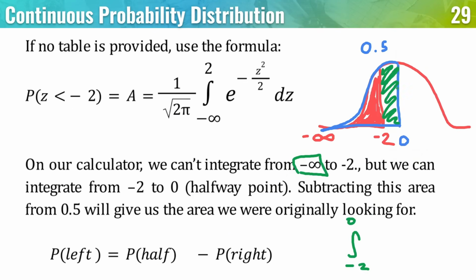So if you see this, the probability to the left of z equal to negative 2 is going to be the red part represented here. Half is going to be 0.5, or the blue part represented here. And then green is going to be the middle part, which we will be using on our calculator.